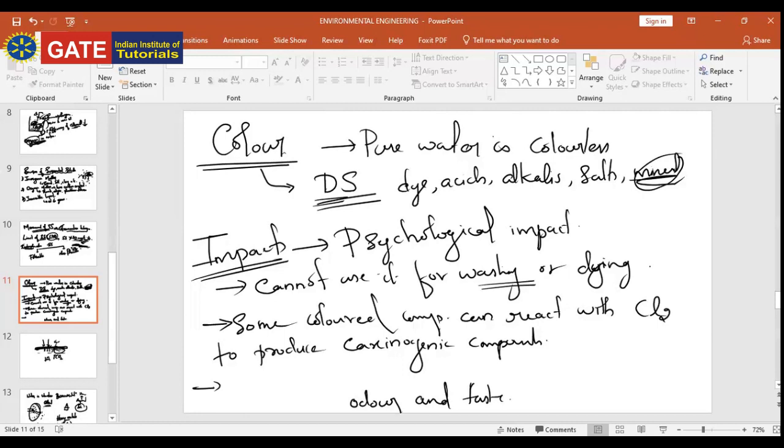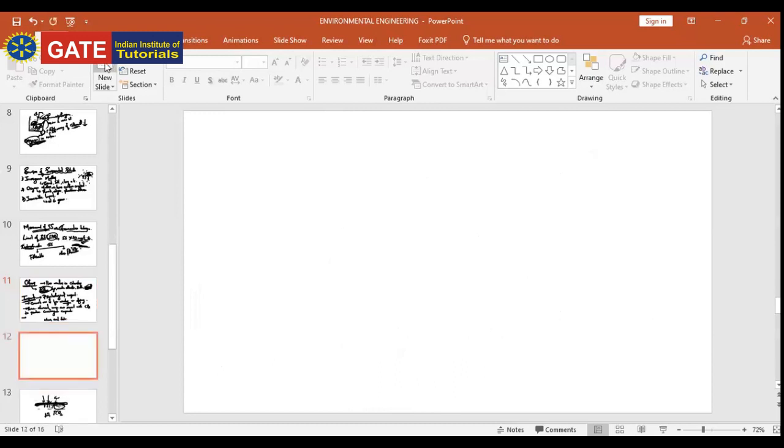Clear with it, right? All the four, right? We have 1, 2, 3, 4, four different impacts. So what is color? What is the cause of producing color in water? Now what are the four different important impacts of having color in water? Got it? Now we can move towards the other technical aspects of color.